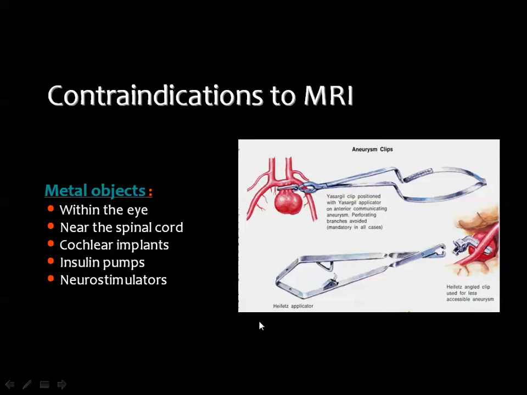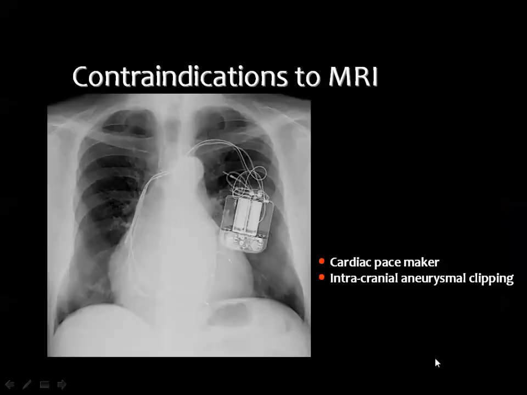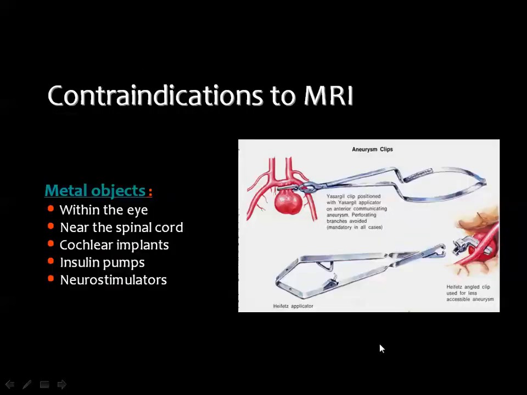Then these things were made of metallic objects, and they are disturbed if the patient entered the MRI room. But nowadays pacemakers and aneurysmal clips and most of the valves and the stent are made of non-ferromagnetic material that will not react with the magnet.